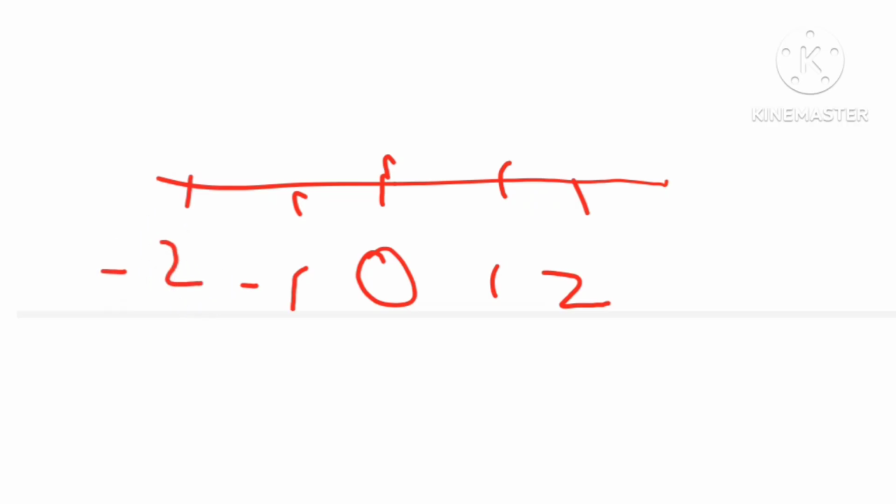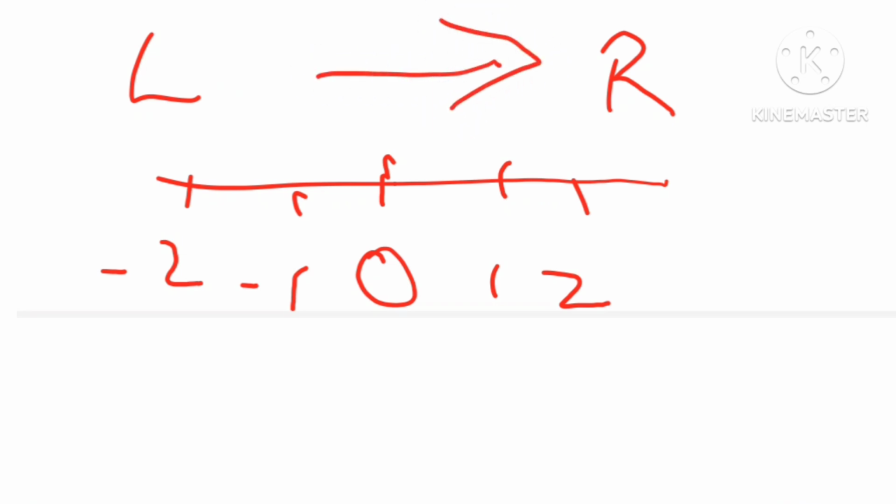In the number line, this side is represented as right side and this side will be represented as left side. When the arrow moves towards the right, then you have to write the multiplication symbol. If the arrow mark is towards the left, it indicates division.